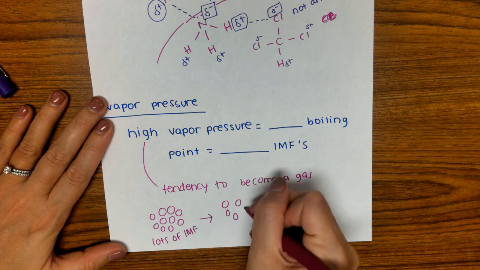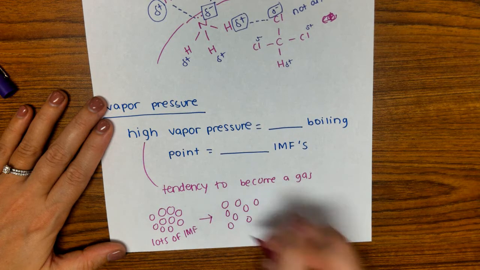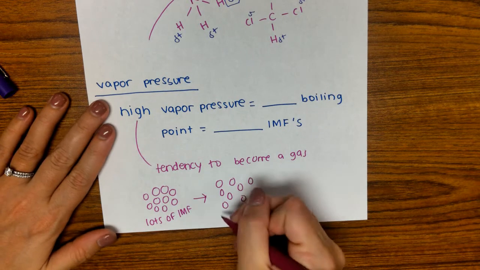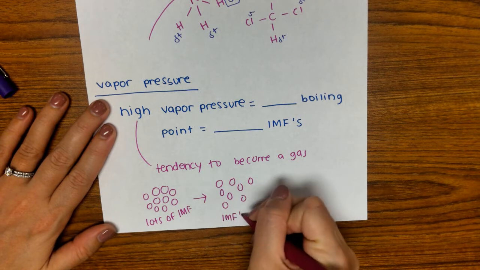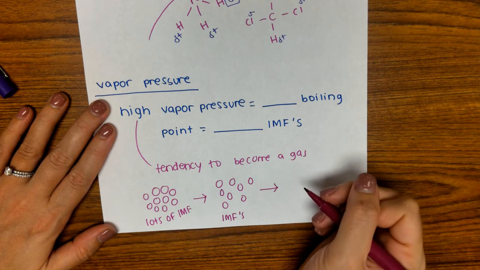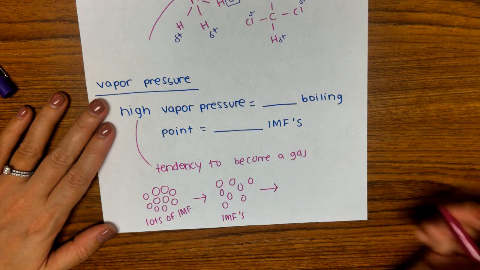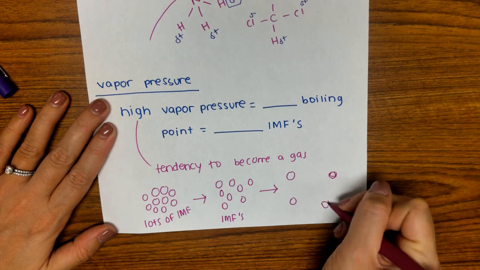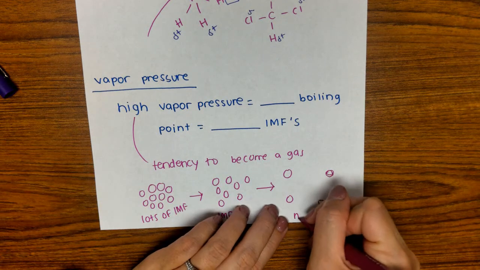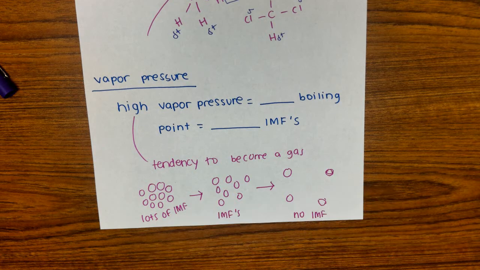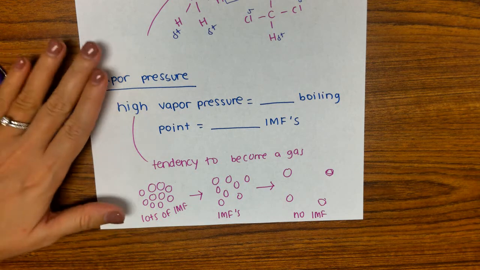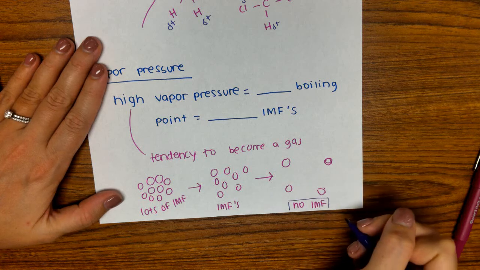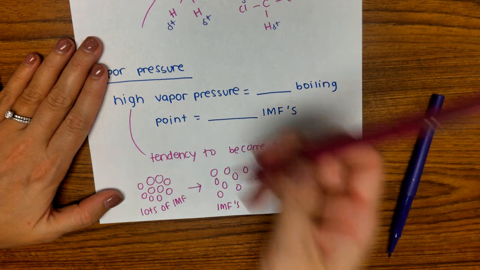They still have intermolecular forces, but the particles have more kinetic energy and they move around a little bit more. And then to become a gas, and all of these are going to be about ideal gases, they are far apart and there is no intermolecular forces between them. And so if something has a tendency to become a gas, that means they have a tendency to break their IMFs. That means that they have weak IMFs.